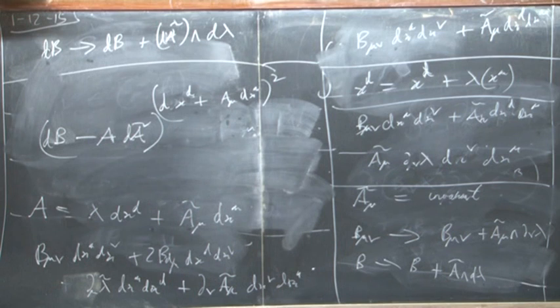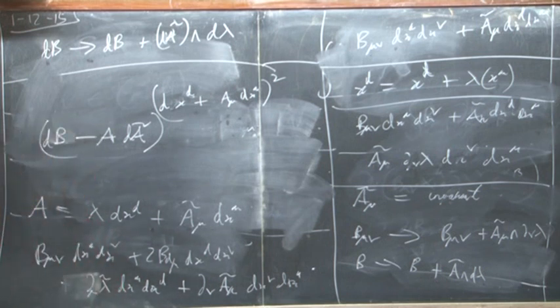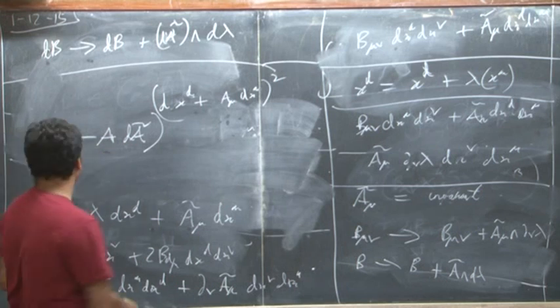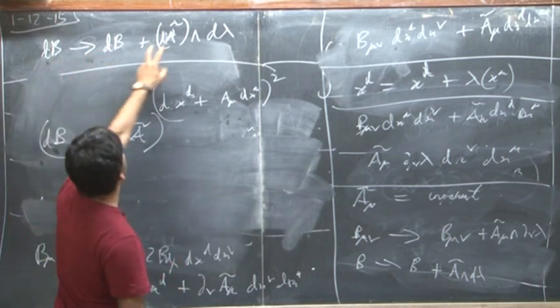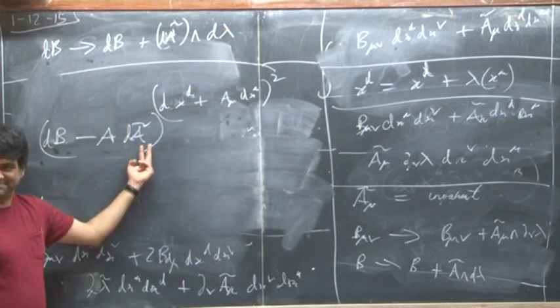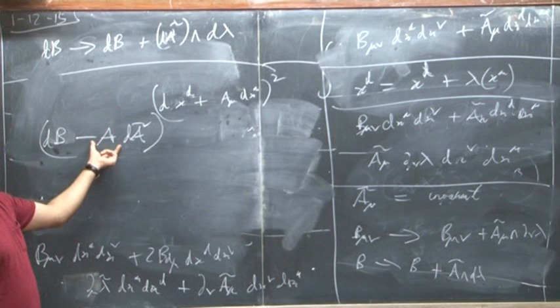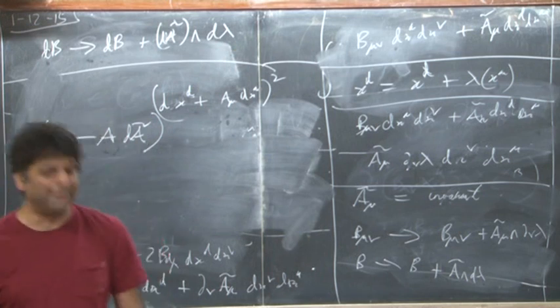You're probably right, this will automatically come out to be this. Yes, I suppose. But suppose I just took this structure, dB minus A dA tilde. Then under gauge transformation, you know how dB transforms: it transforms with a dA tilde plus d lambda. We also know how this transforms: this transforms with d lambda, and this with a dA tilde.